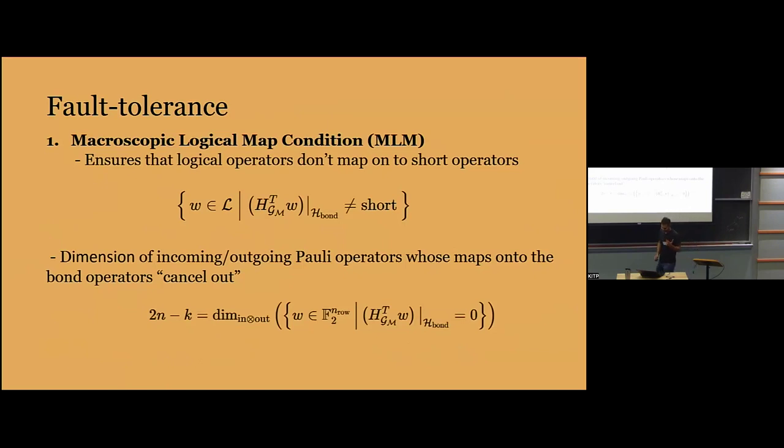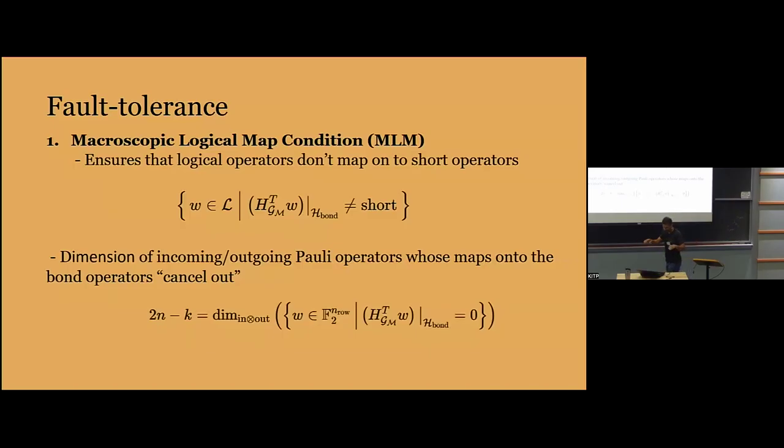So formally, this condition says that for any logical operator W, its image under the gadget map should not be short. And this also implies a sanity check, which is about the dimension of the incoming and outgoing Pauli operators that map onto identity on these internal legs.